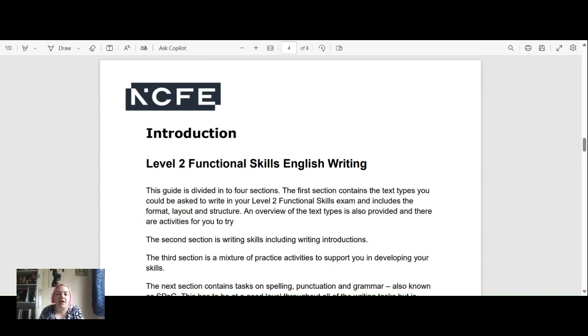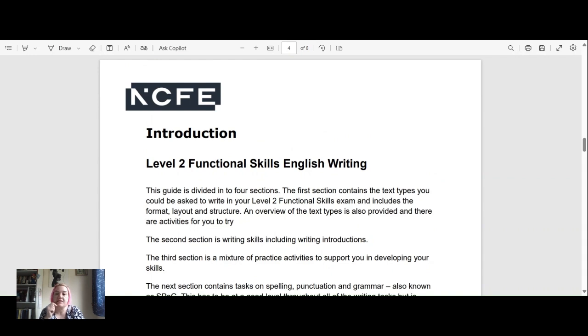So the whole idea of this guide, I'm just going to go through it. Because if we receive some of these documents and we're reading through them ourselves, I think sometimes it can help to have a sort of human interpretation of understanding what things like the learning objectives are and making sure the language is a little bit more approachable and understandable. This guide is basically in 4 sections.